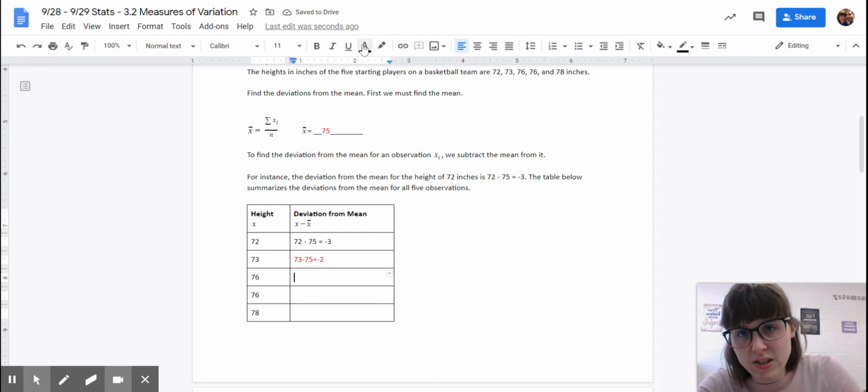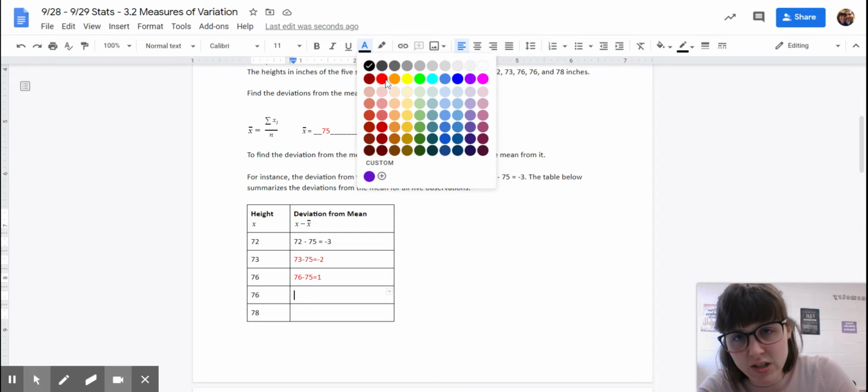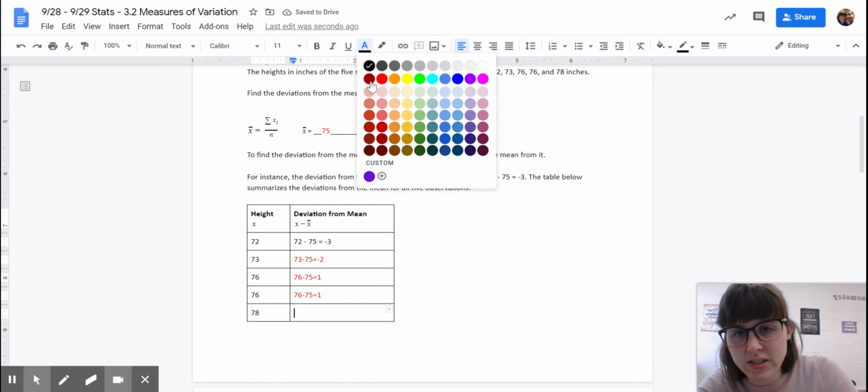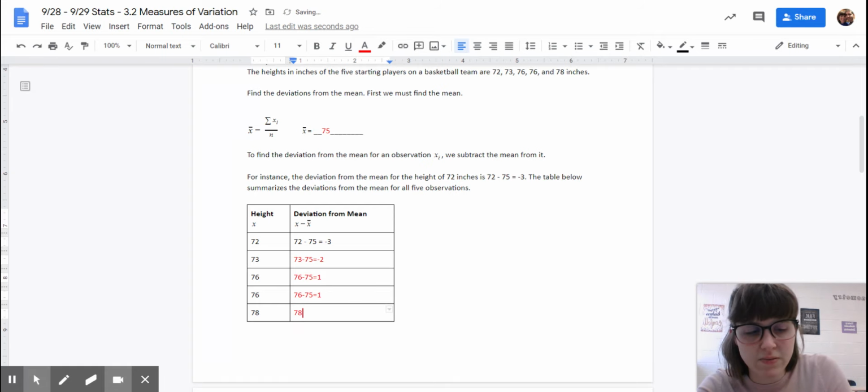And then we have 76 minus 75, which equals 1. And then again, 76 minus 75 is 1. And then lastly, 78 minus 75 is 3. Okay, so we found how far the values are from the mean.